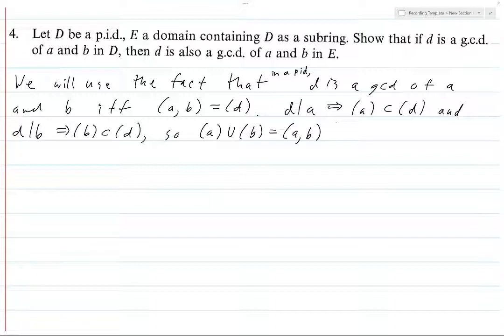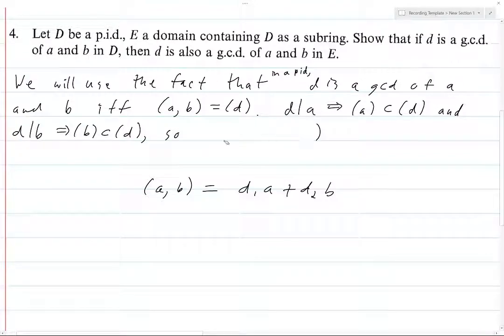So if you take something in the ideal generated by A and B, then it's going to be of the form D1 A plus D2 B for D1 and D2 in D. So let's write this out.